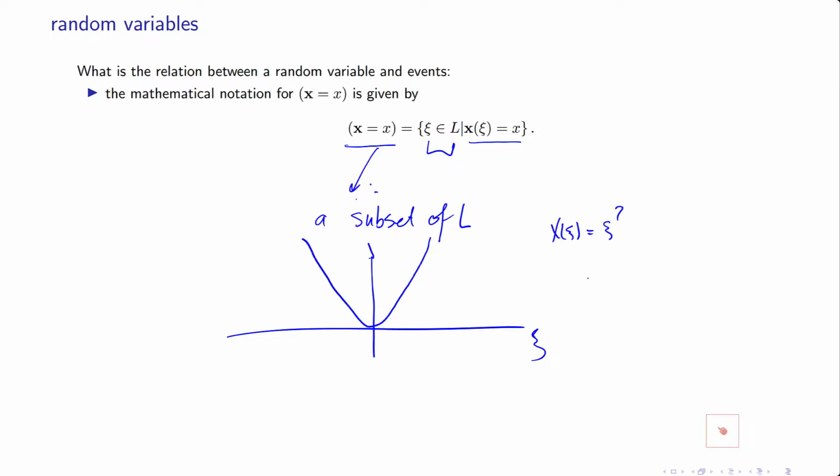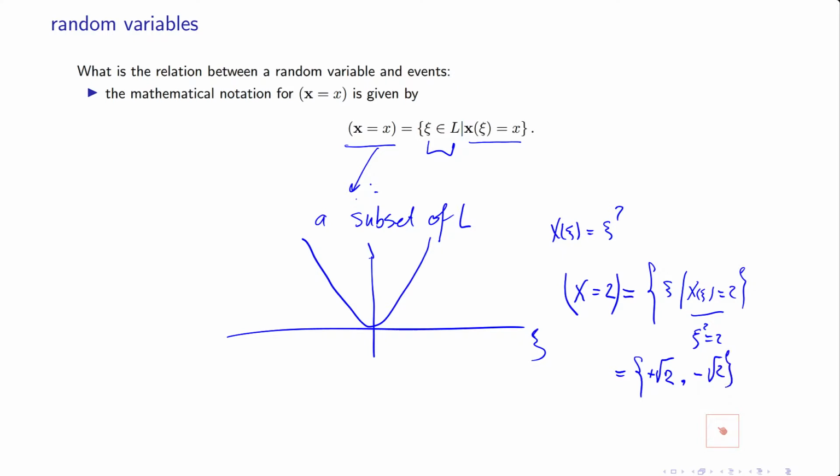So if I say x equal 2, it means this is the set of all c in L, which is real numbers, such that x of c is equal to 2. This means that c to the power of 2 is equal to 2, so this set includes two numbers, plus the square root of 2 and minus the square root of 2.